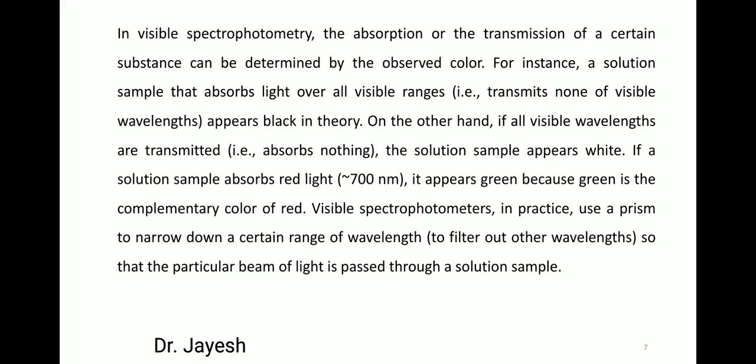If a solution sample absorbs red light, that is near about 700 nanometer, it appears green because green is the complementary color of red. Visible spectrophotometers in practice use a prism to narrow down a certain range of wavelengths to filter out other wavelengths, so that the particular beam of light is passed through a solution sample.